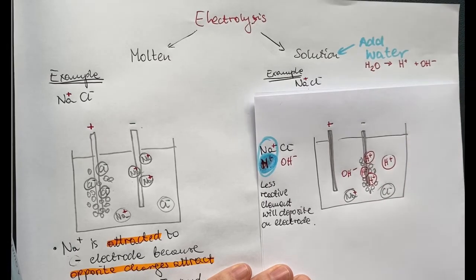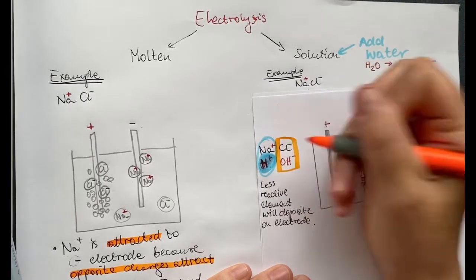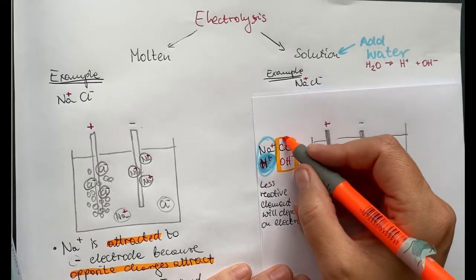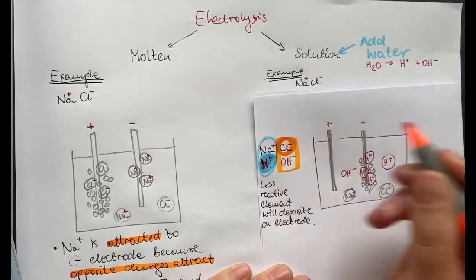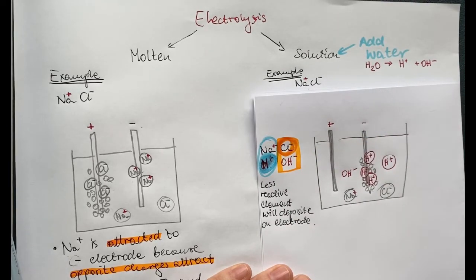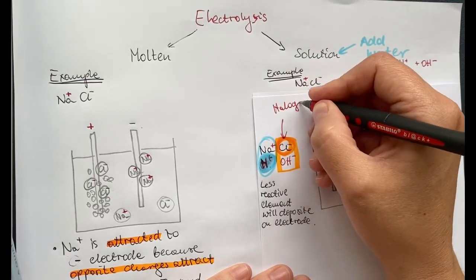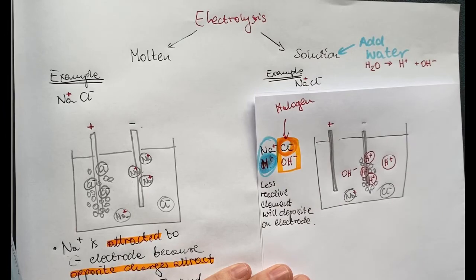All right, now negative electrode, positive electrode. Well, we've got in here two ions. We have chloride ion, and we've got hydroxide. Now, there's another rule. If one of the elements is a halogen, that's the element that will deposit on the electrode.